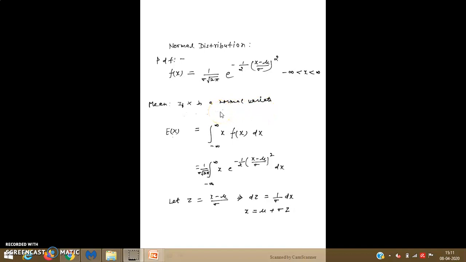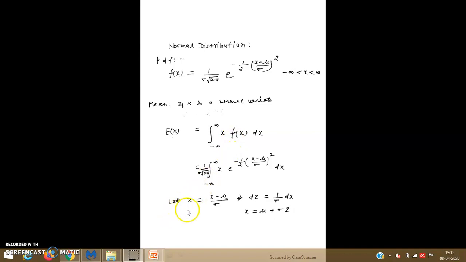Then mean of x is defined as expected value of x, and the definition of expected value for a continuous random variable is integral from minus infinity to infinity x f(x) dx, which is equal to 1 upon sigma root 2 pi integral from minus infinity to infinity x e raised to the power minus 1 by 2 ((x minus mu) upon sigma) whole square dx. That is the value of f(x).